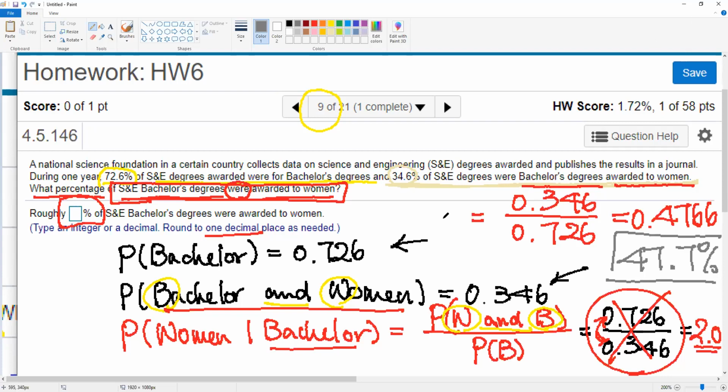The answer will be 47.7%. Good, right? So we can apply the conditional probability like this. And let me go to number 12.